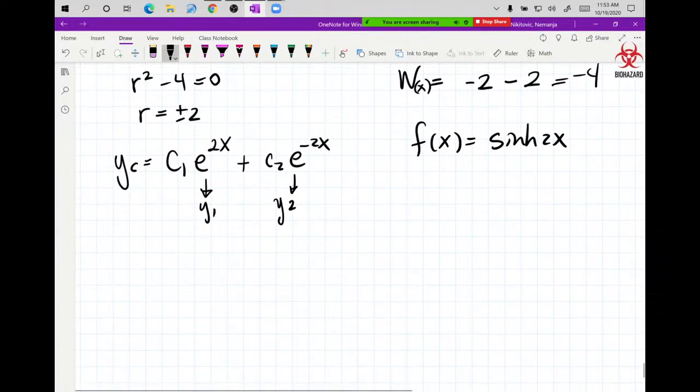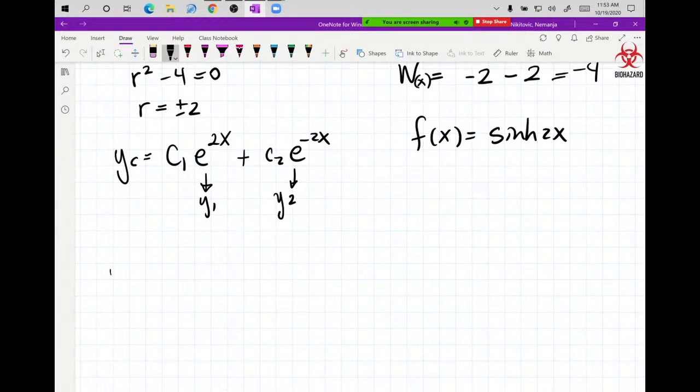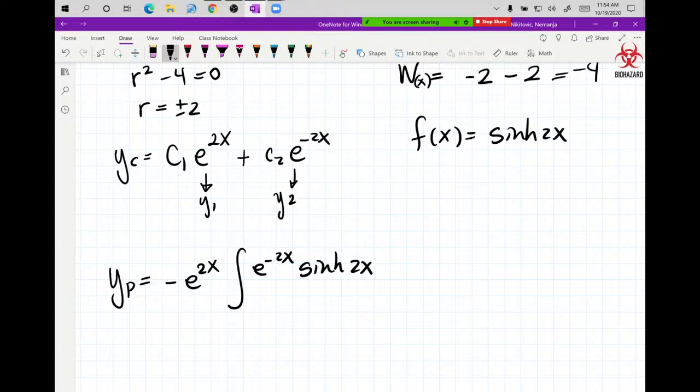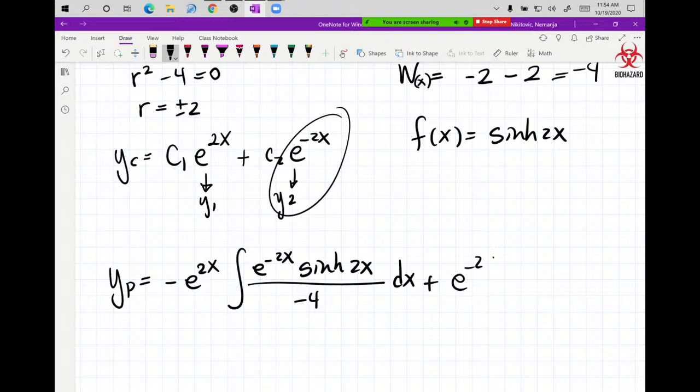So now, just stuff all of this into the variational parameters formula, which is a joke. Negative y1 times the integral of y2 times sine hyperbolic of 2x, divided by the Wronskian, negative 4 dx, plus the second y2 is e to the negative 2x.